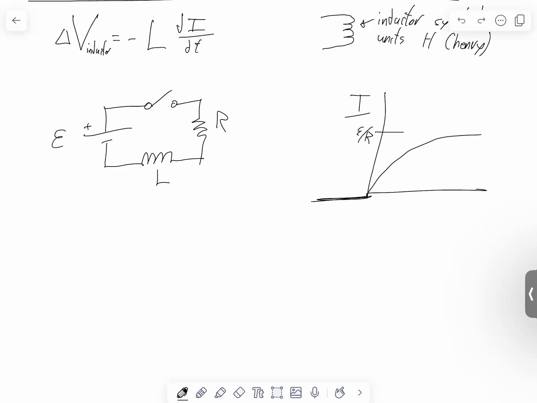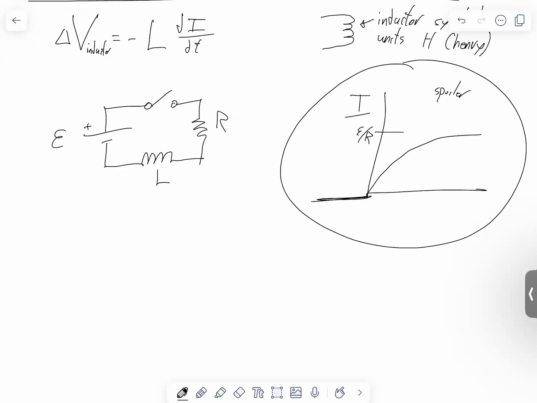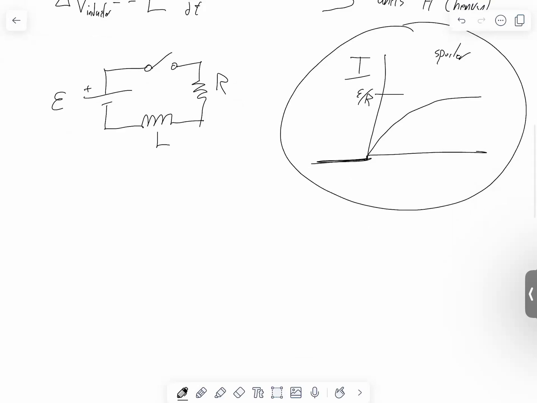Okay, so here's our punchline. Spoiler alert. Let's derive this, or perhaps integrate this. Okay, so write down the differential equation corresponding to Kirchhoff's voltage law. How much voltage do I get going through that?